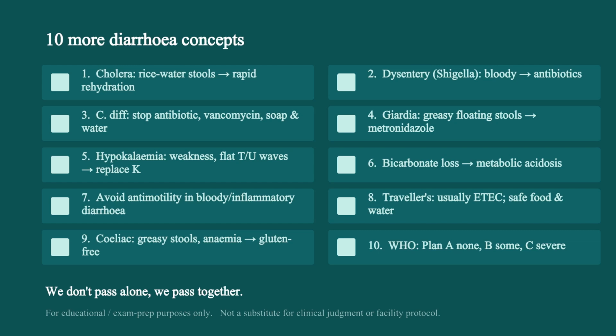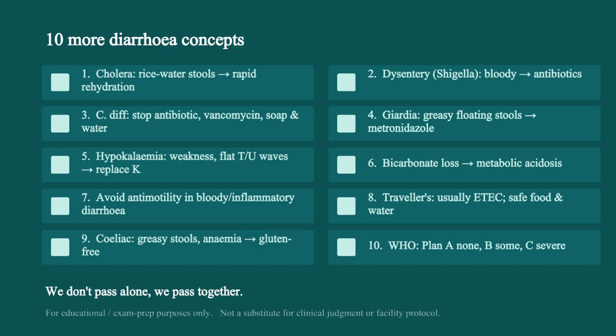Let's recap diarrhea part 2. Cholera gives rice water stools and needs rapid rehydration. Dysentery from Shigella is bloody and needs antibiotics, not antimotility drugs. C. difficile follows antibiotics. Stop the offending drug, give oral vancomycin, isolate, and wash hands with soap and water because gel won't kill spores. Giardia gives greasy floating stools and is treated with metronidazole.